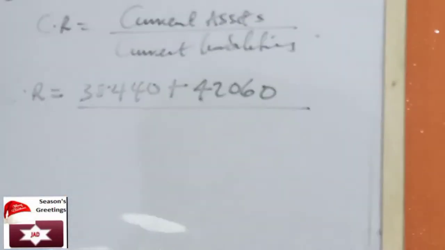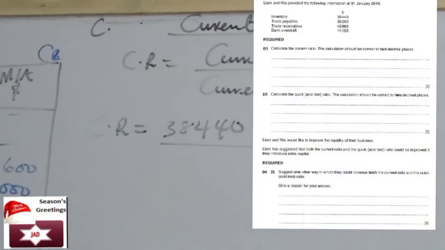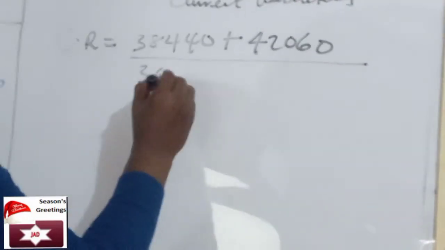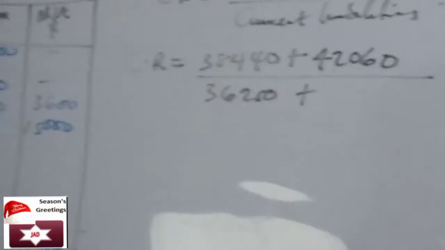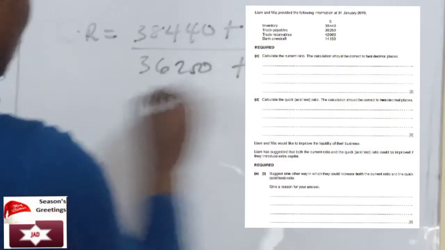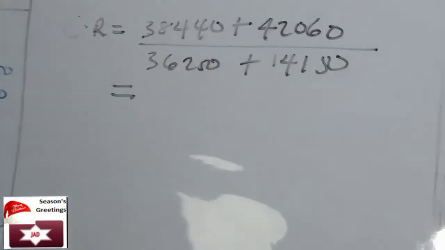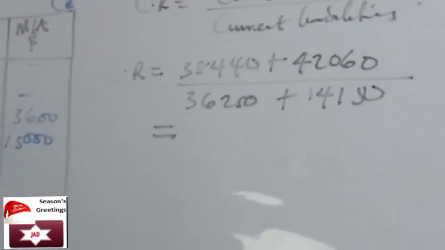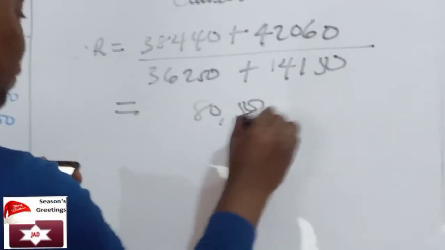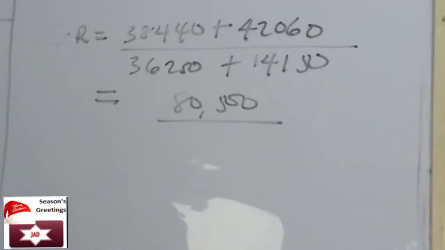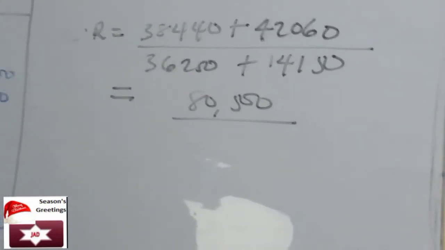All over the current liabilities: trade payables 36,250 plus bank overdraft 14,150. So we have 38,440 plus 42,060, that's 80,500, all over 36,250 plus 14,150.